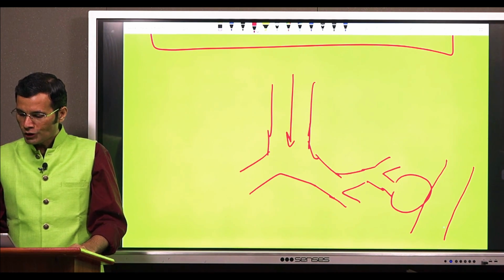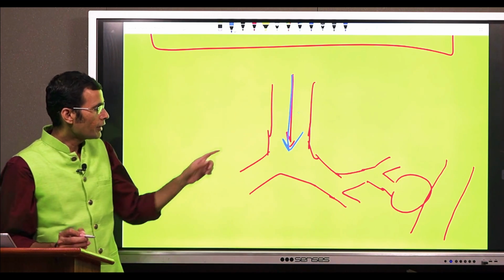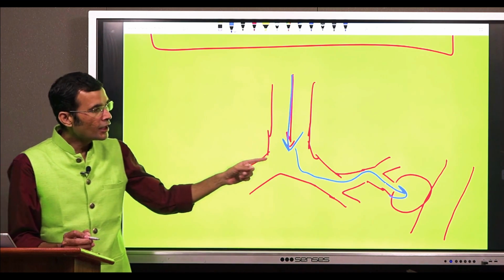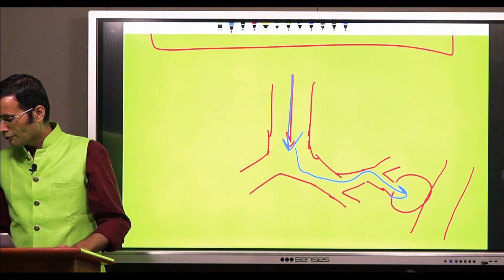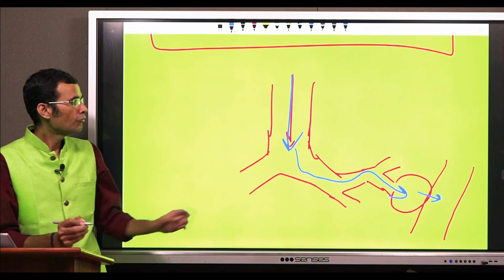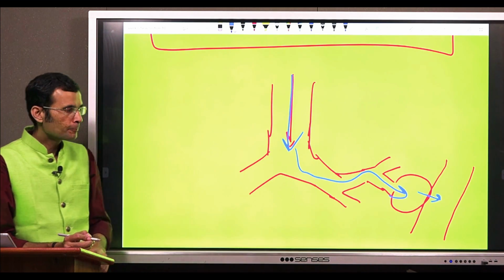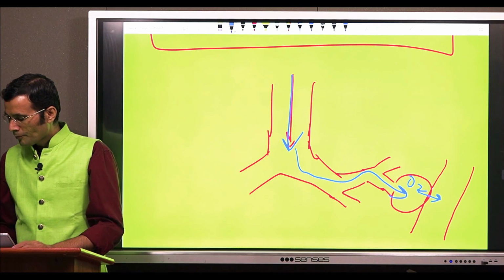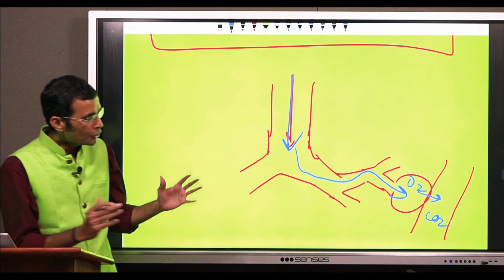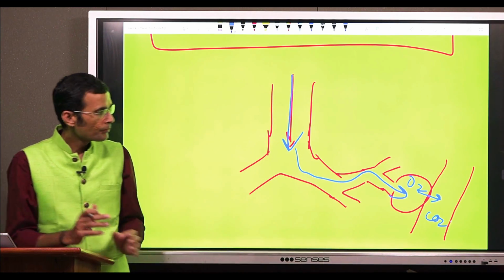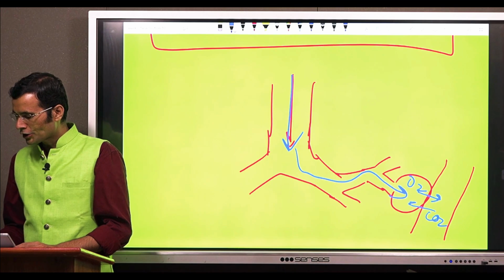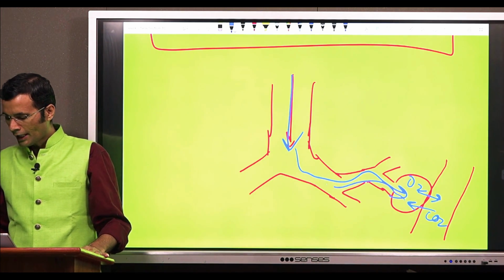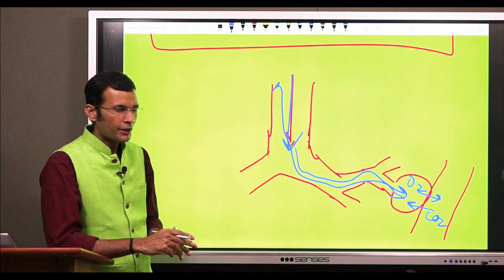The inspired oxygen traveling through the respiratory passages, finally reaching the alveoli, and from the alveoli the oxygen will diffuse into the pulmonary blood, and the carbon dioxide coming from the tissues and having entered the lungs, it will diffuse in the opposite direction from the blood into the alveoli, so that it can be expelled out via the expiration.